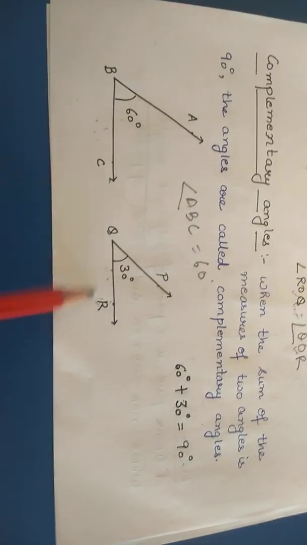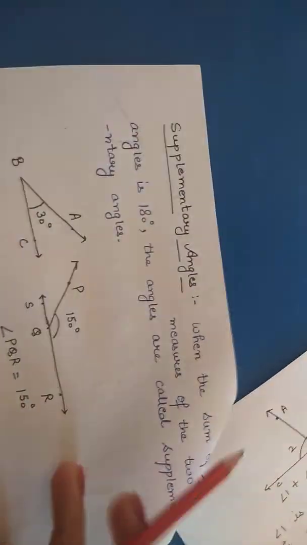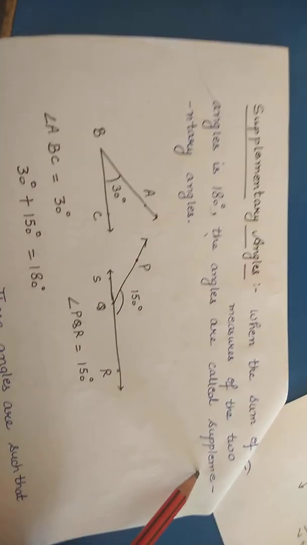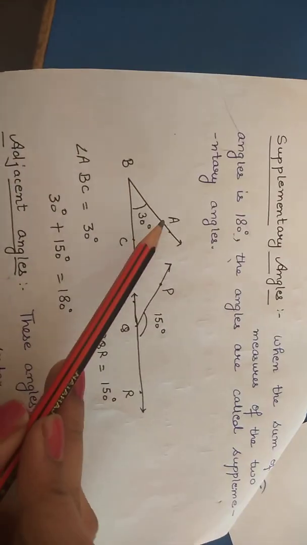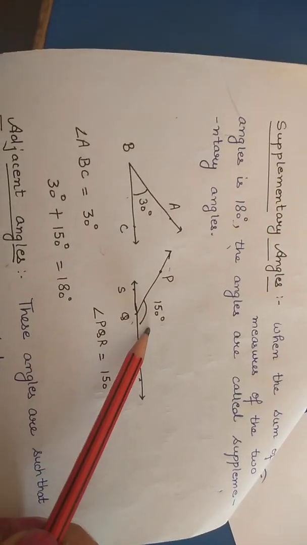But similarly, when the sum of the measure of two angles is 180 degrees, the angles are called supplementary angles. See, angle ABC is 30 degrees and angle PQR is 150 degrees.